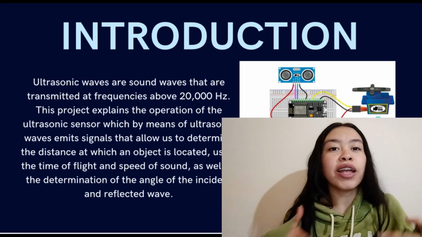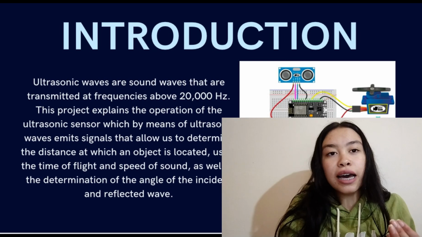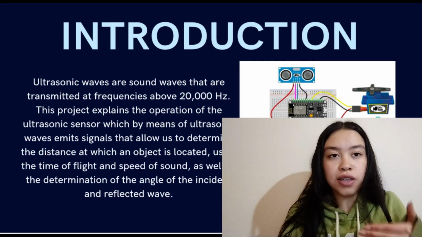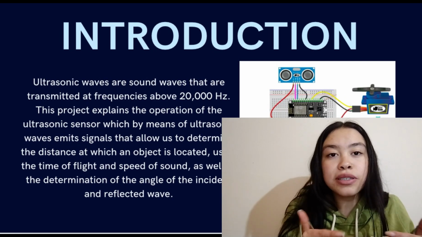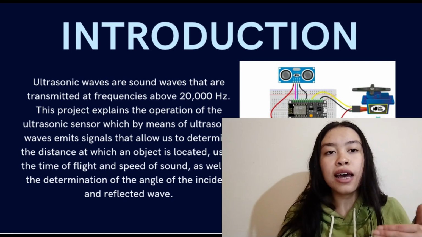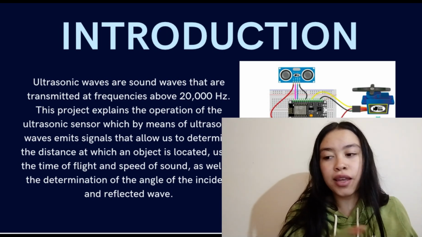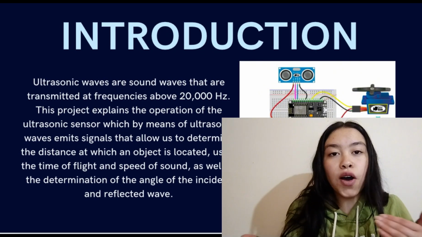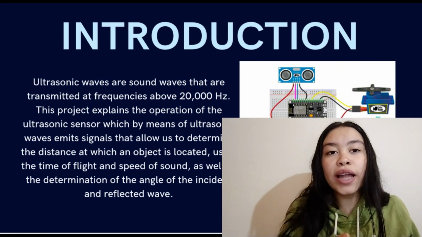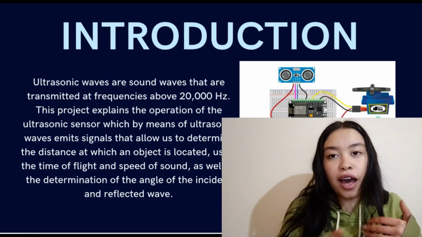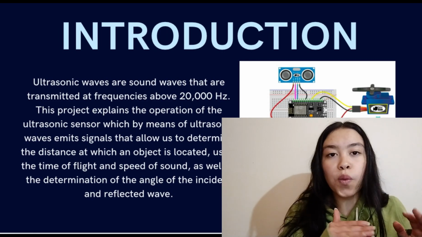This project explains the operation of the ultrasonic sensor, which by means of ultrasonic waves emits signals that allow us to determine the distance at which an object is located, using the time of flight and the speed of sound, as well as determining the angles of the incident and reflected wave.